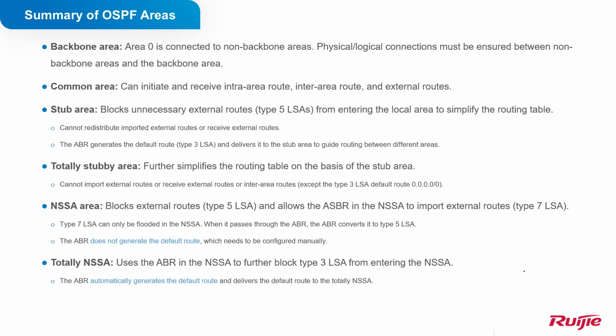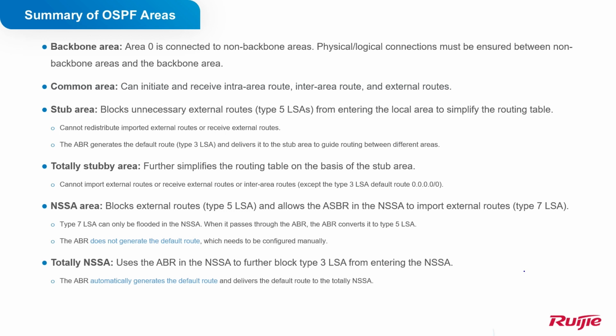Okay. And then there is the totally NSSA area. For the totally NSSA area, it reduces more detailed LSA information based on the NSSA area. We reject Type 3, Type 4, and Type 5. And if we want to access other networks or other areas, we use the default route.